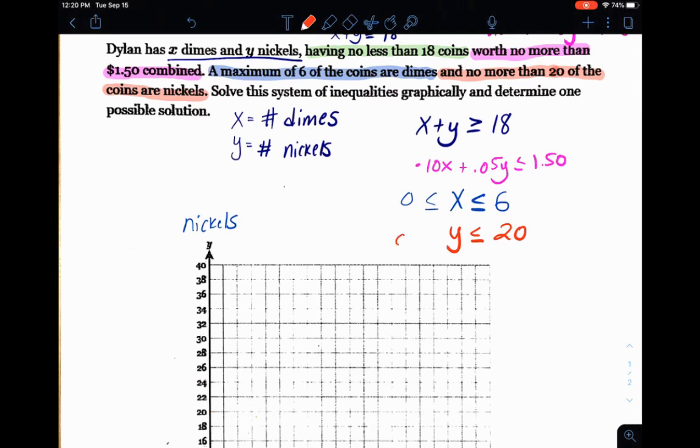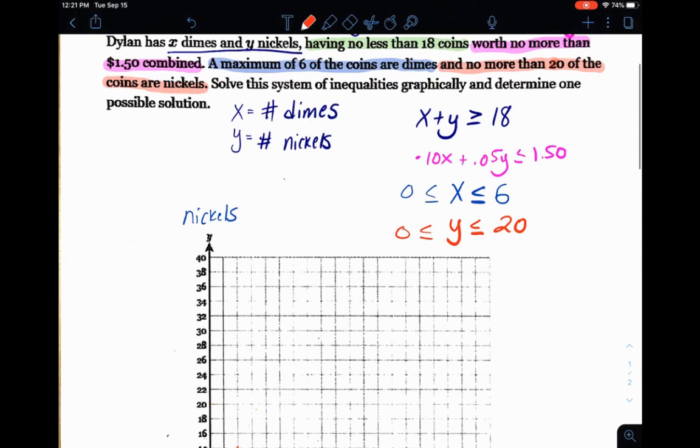And technically, we would want it to be bigger than 0, right? All right. So we have these inequalities.